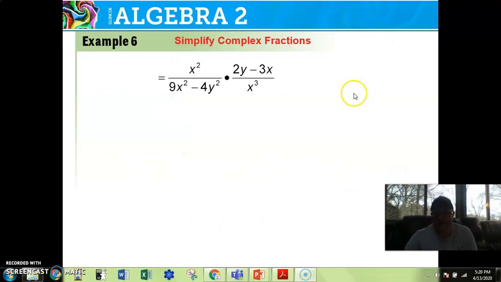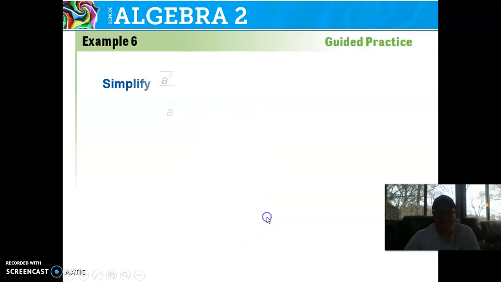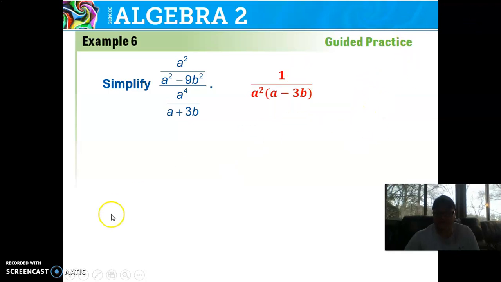And then you can factor everything and cancel out the common factors or reduce them by dividing by 1 and simplify with the final answer. Here is one for you to try. Pause if you need more time. When you rewrite as multiplication and factor, the final answer is 1 over a squared times a minus 3b.